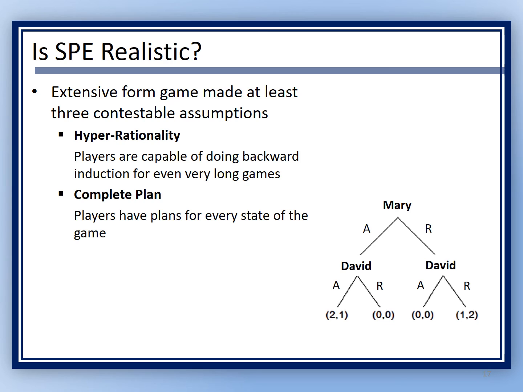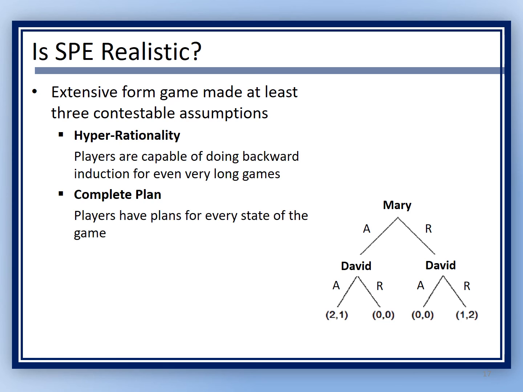Complete plan. The requirement of subgame perfect equilibrium is that you have to have a plan for every possible scenario. Do we do that in reality? Let me ask you, what's your plan if there's an earthquake in Hong Kong in the next 5 minutes? You probably don't have a plan, right? But the chance of Hong Kong having an earthquake in the next 5 minutes is not zero.